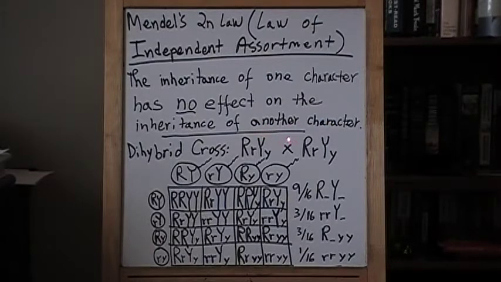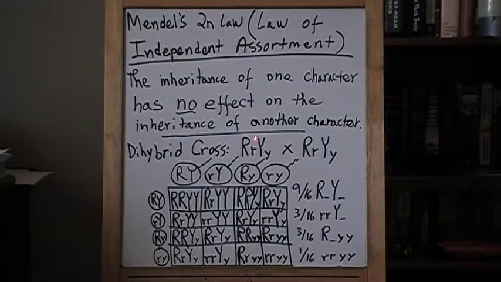Here is shown the Punnett square for that. In a doubly heterozygous parent, there are 4 possible gametes. In the monohybrid cross, we saw that when you're heterozygous for one gene, there are 2 possible gametes.